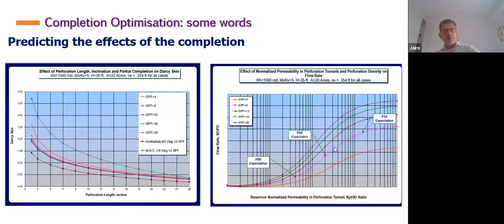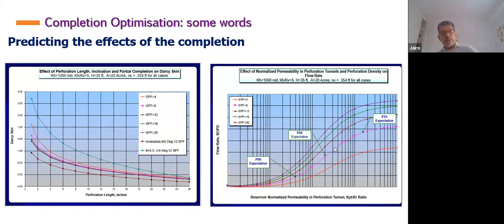Here we have some variables: the perforation length versus the skin, depending on different configurations. For instance, shots per foot, density of perforation, 4, 8, 12, 16, 20, or the inclination of the wellbore.